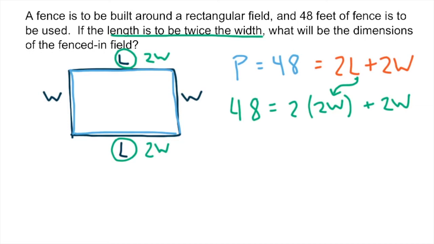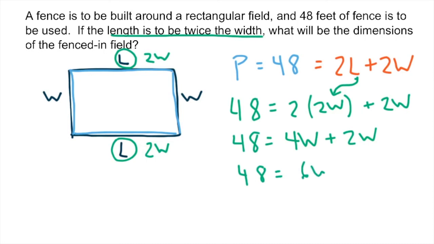Now I've got one equation with one variable, so I'm going to be able to solve it. We've got 48 equals 4W plus 2W. 48 is equal to 6W. I'll divide both sides by 6 and find out that the width is going to be 8 feet.